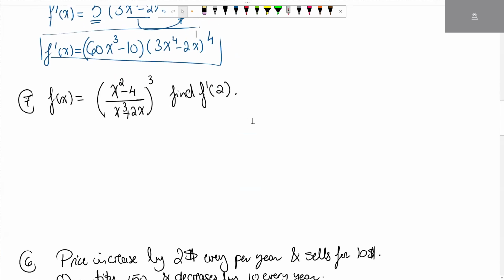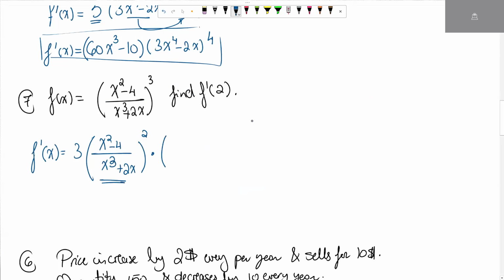Number 7. This is a question where you're asked to find f prime of 2, and that's a bracket with a power, so the chain rule will be applied. I'll put the power at the beginning. I'll put the bracket as it is. And I'll subtract 1 from the power. Then I'll multiply by the derivative of what's inside.